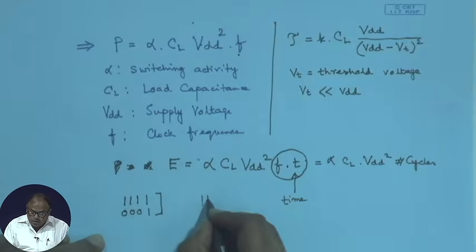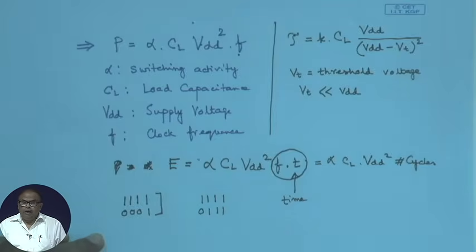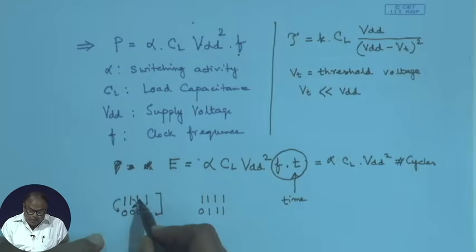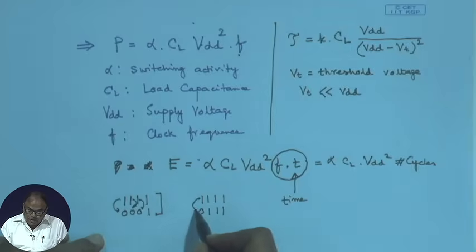Another is 1111, and I have got 0111 as the next instruction. In which case is there more switching? In the first case, I have to switch between each of them, whereas here I have to switch between only one.